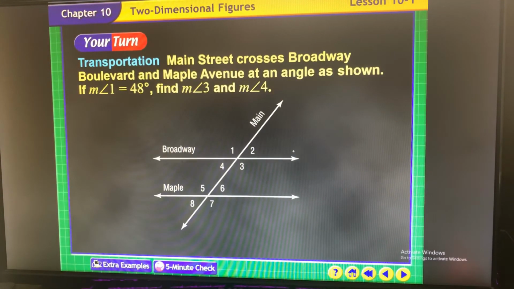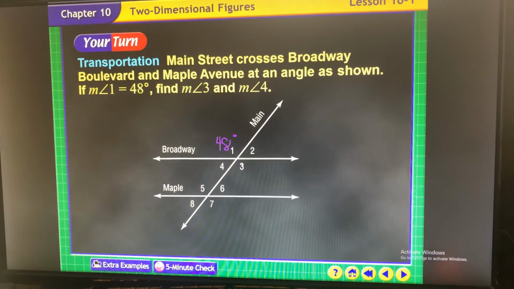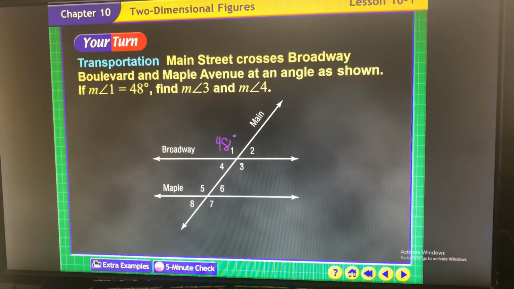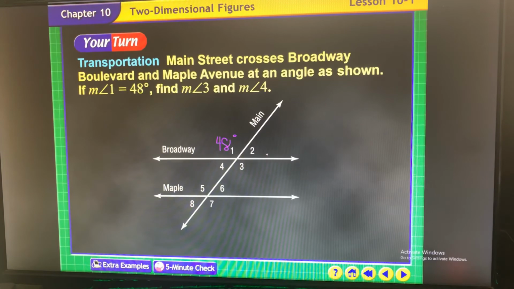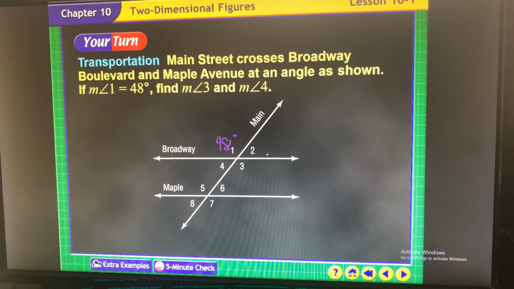Same kind of thing. So put 48 down here, and then go ahead and try to find all the other ones. 48 there, subtract from 180 to find the missing measurement of the other one. Well, I realize that doesn't make sense, does it? That's obtuse.